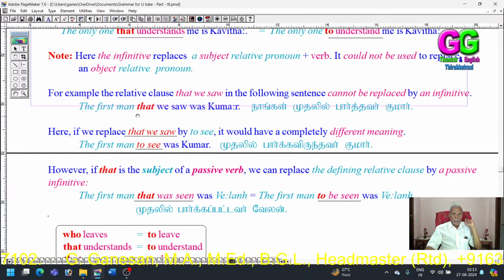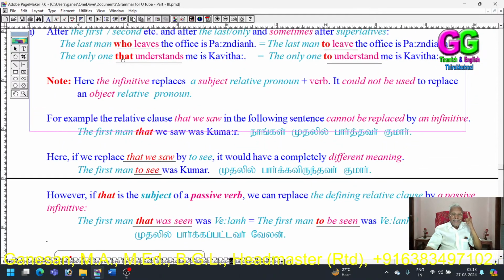Here, we cannot replace "that we saw" with "to see", because here "that" functions as an object. In the earlier examples "that" acts as a subject, but here "that" acts as an object.